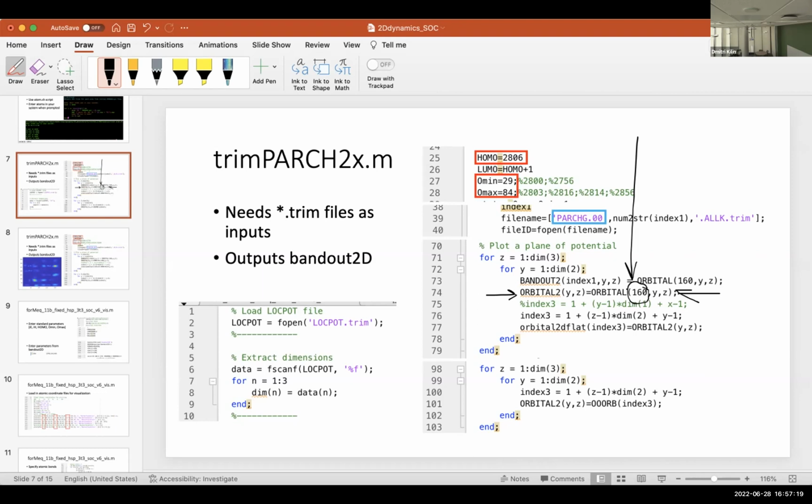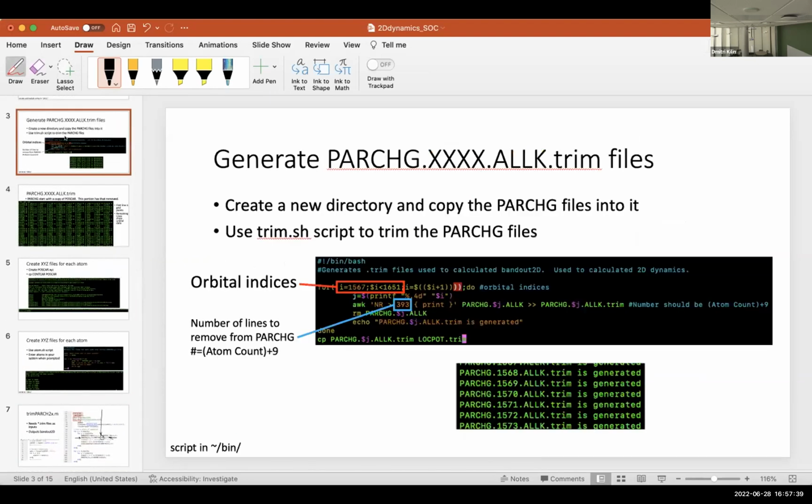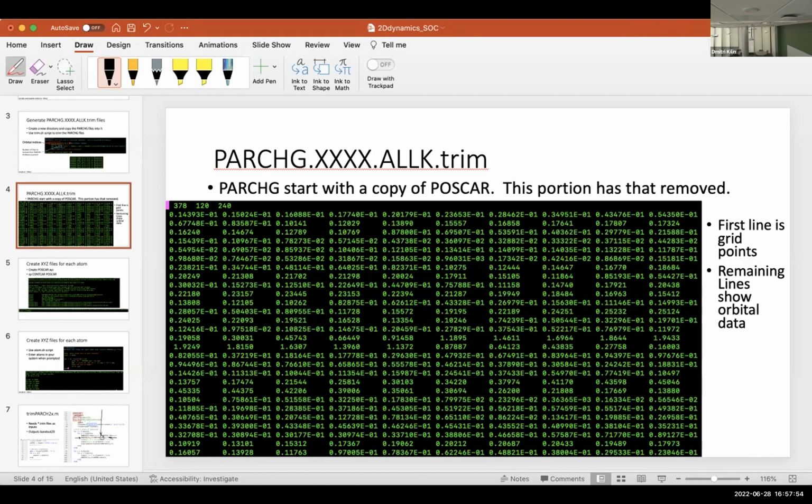Why do you need a locpot? That's because of how Landon wrote the script. It was designed for locpots, not for bar charges originally, and we just carried it over. If you look at the script that generates the bar charge files, the last line is literally just copying the last one to locpot.trim, so they have the same format.